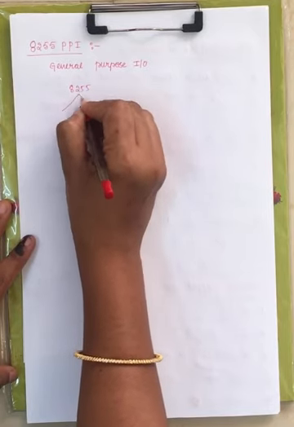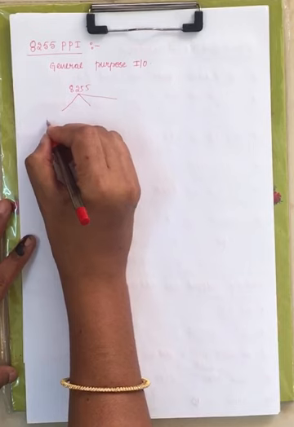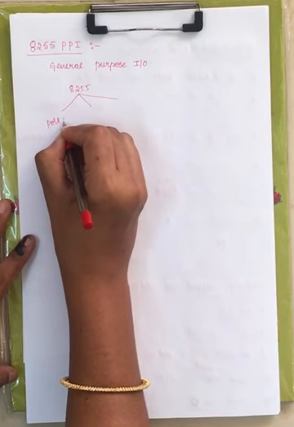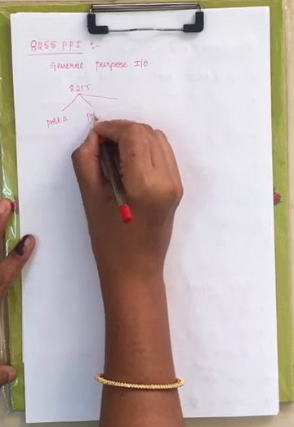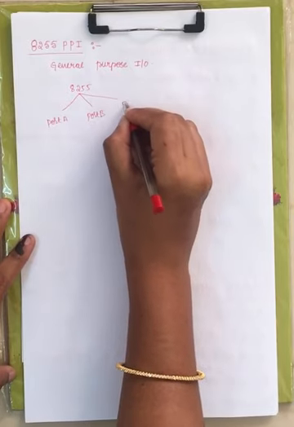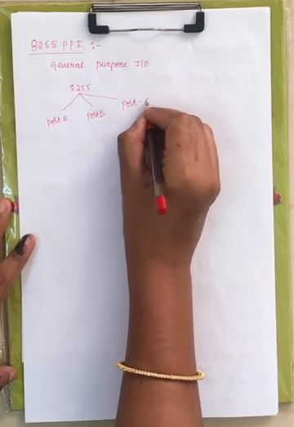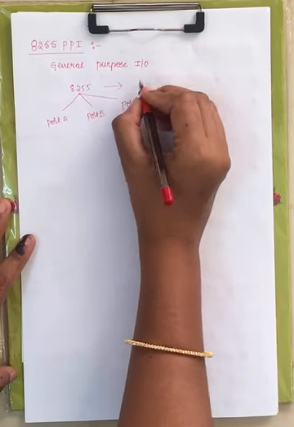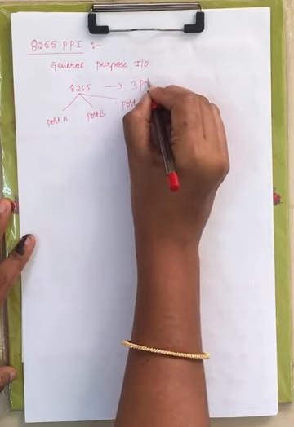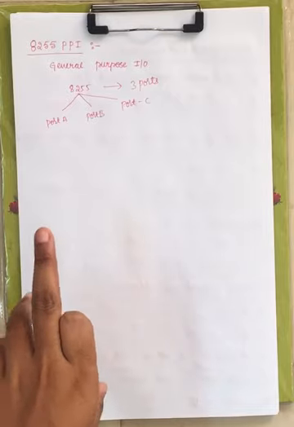The 8255 has 3 I/O ports, which are named port A, port B and port C. These ports are each 8 bits.